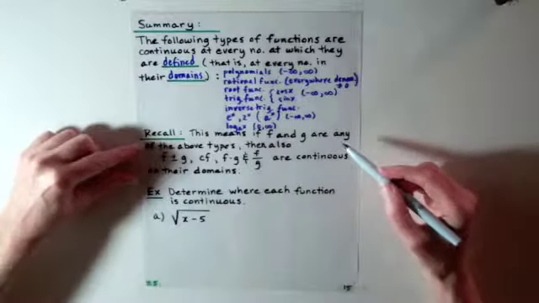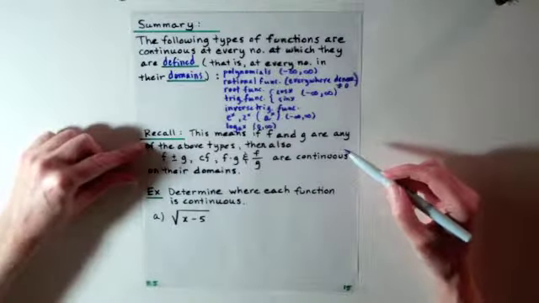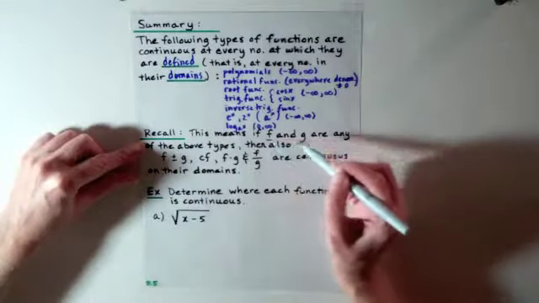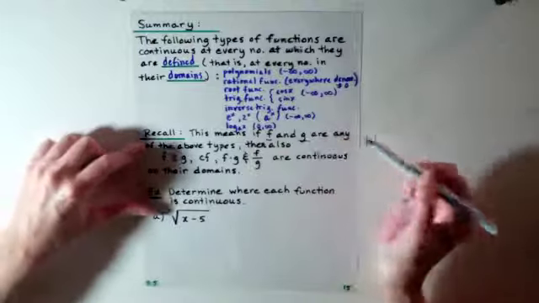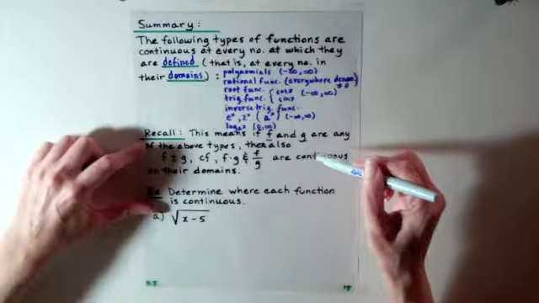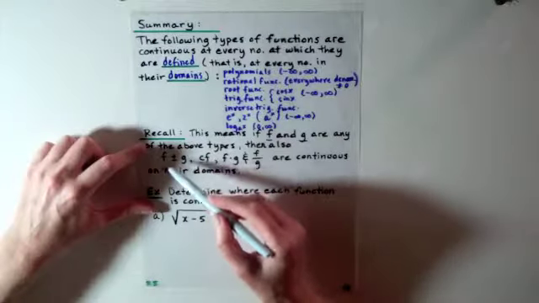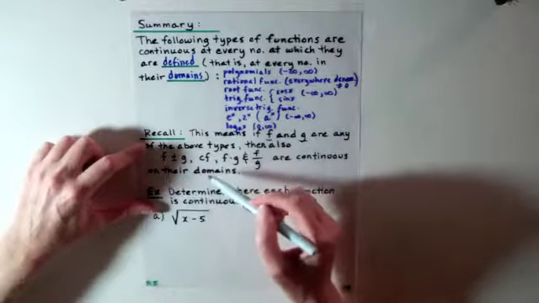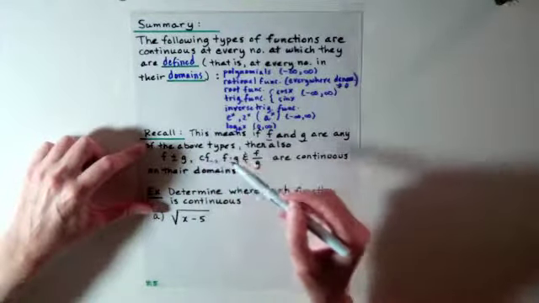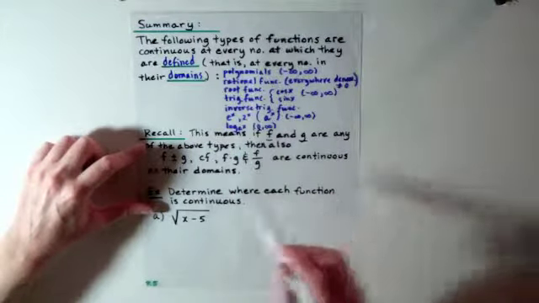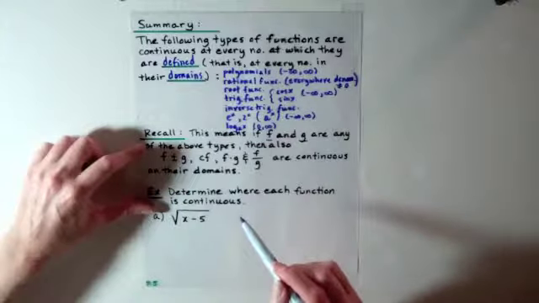And I just want to mention again that, remember, we had that more general theorem that said that if we know that f and g are any of these above types of functions, then from that earlier theorem we know that f plus g, f minus g, a constant times f, f times g, and f over g are also all continuous on their domains.